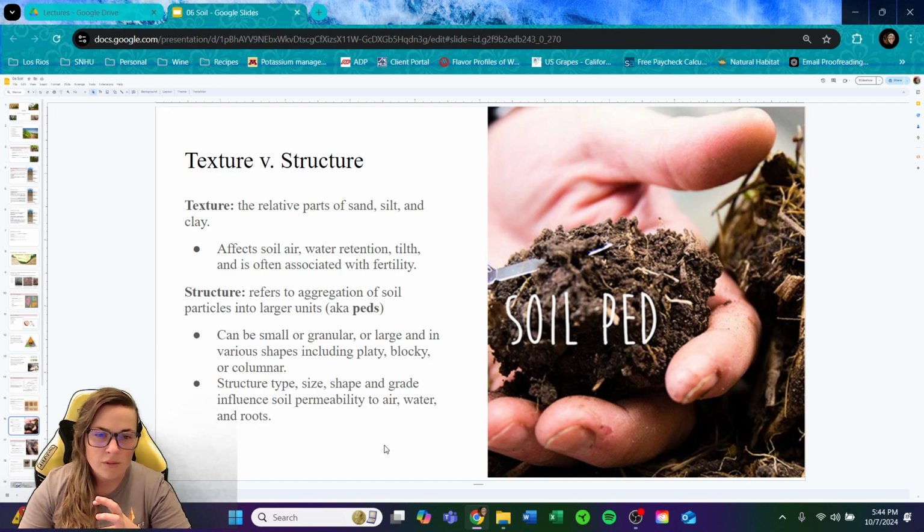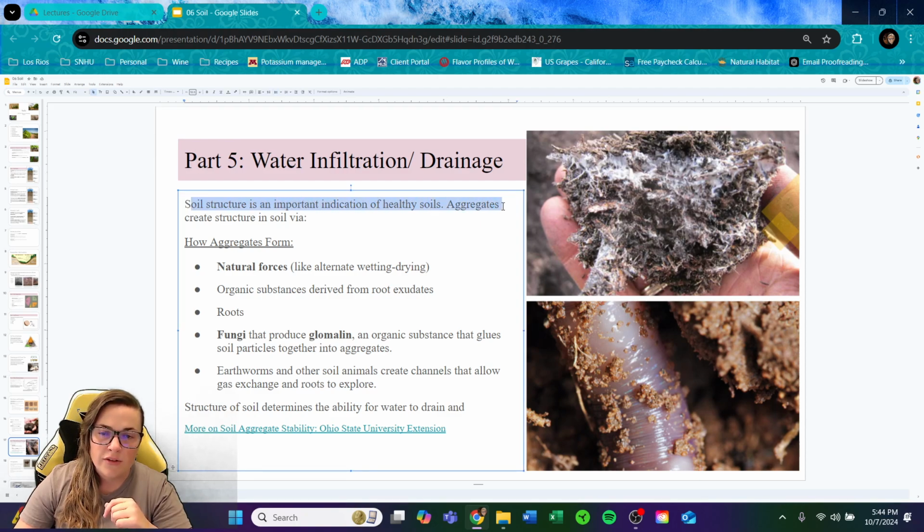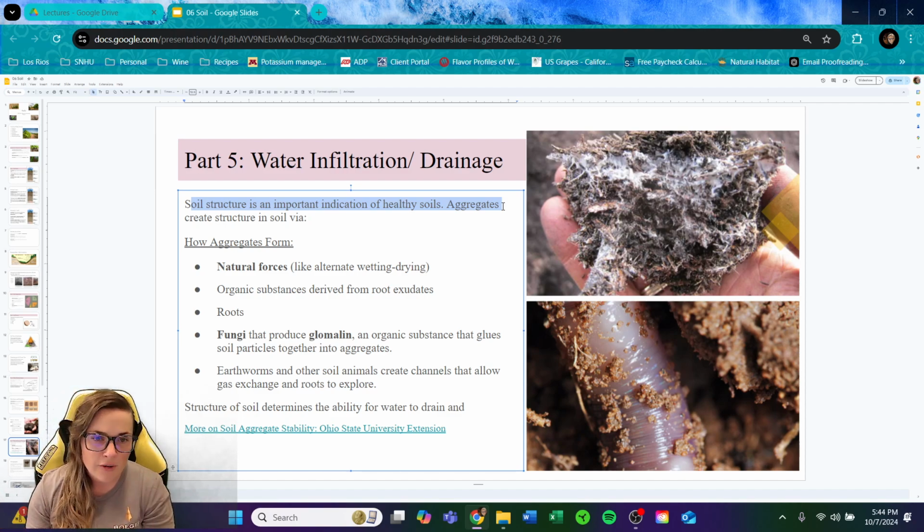They form lots of textures and tunnels and little alleyways for water and air and roots to penetrate and feel their way around the soil. So soil structure is an important indication of healthy soils. Aggregates create soil structure, and therefore aggregates are an indication of health, right?